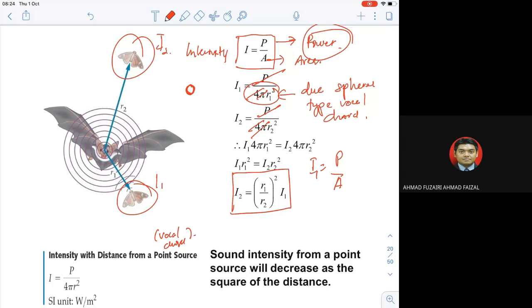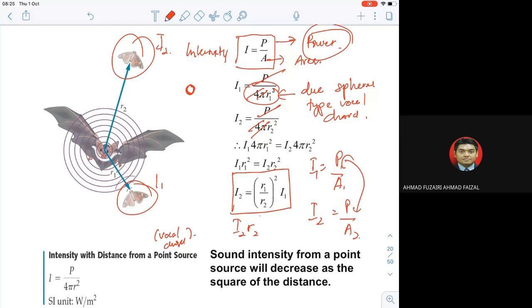We are using the same power, because the same sound means the same power. So for I2 we have P over A2, and now we try to bring the P and P together.